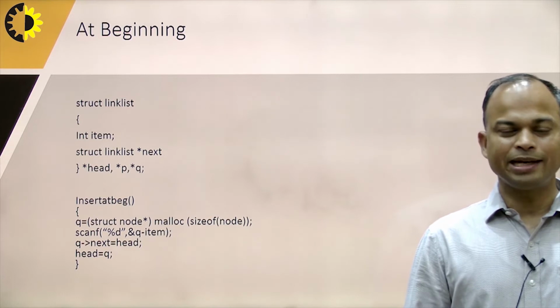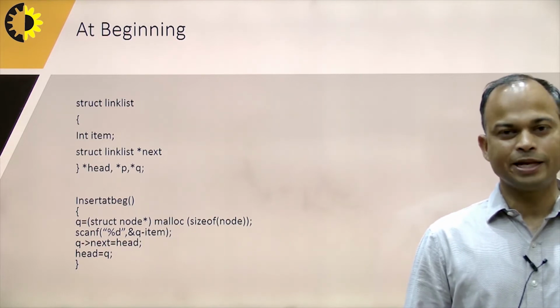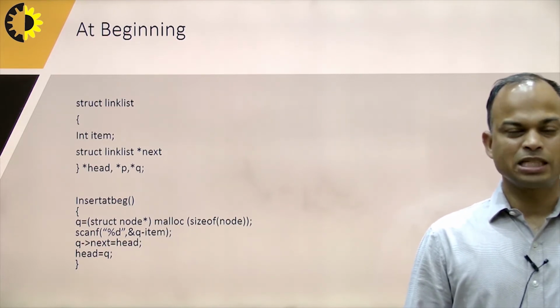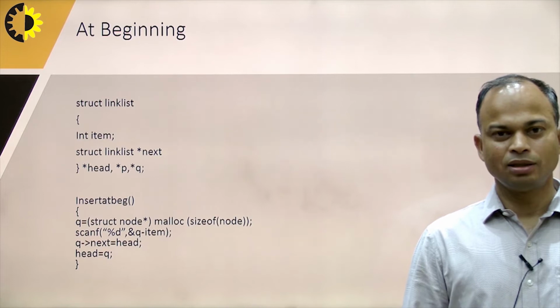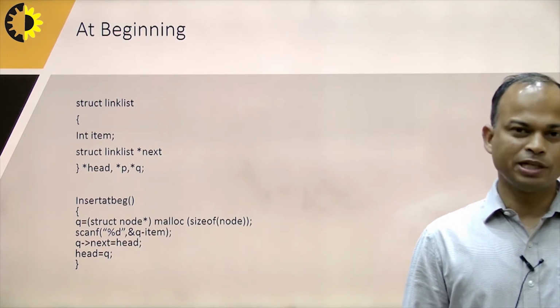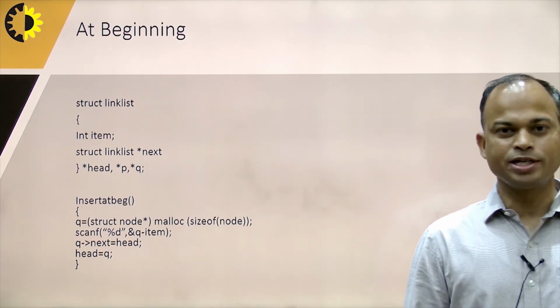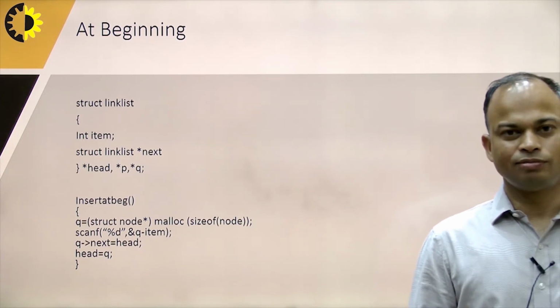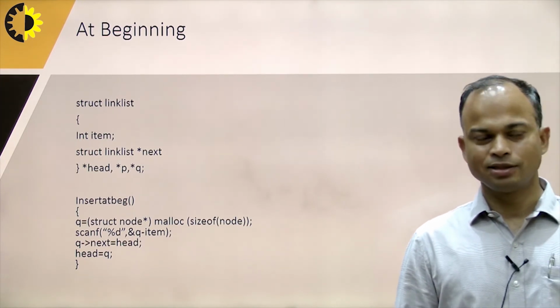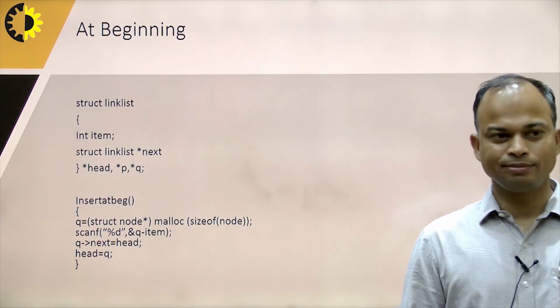We make a function insert at beginning, and in this function we create a node using the malloc function, and the address of this node is assigned into the pointer q. We give the value of the item part using q arrow item.